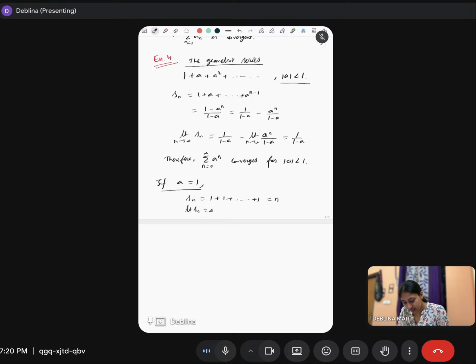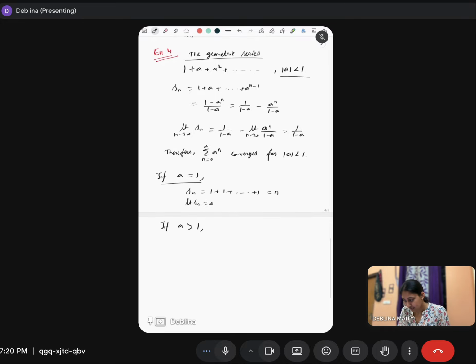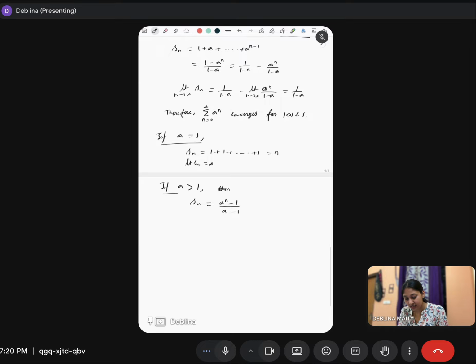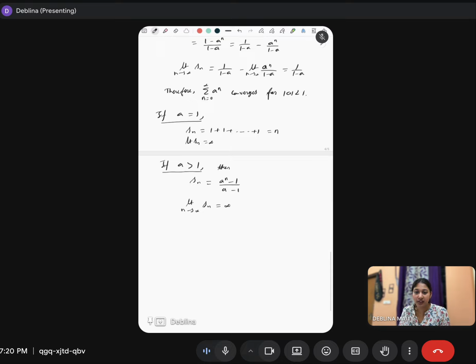Now what happens when a is greater than 1? So then what is our Sn? So Sn will be then a to the power n minus 1 by a minus 1, right? Because a is greater than 1 now. Now here also, when n goes to infinity, Sn is infinity, right? Because a is greater than 1, so a to the power n goes to infinity. So here also Sn goes to infinity.